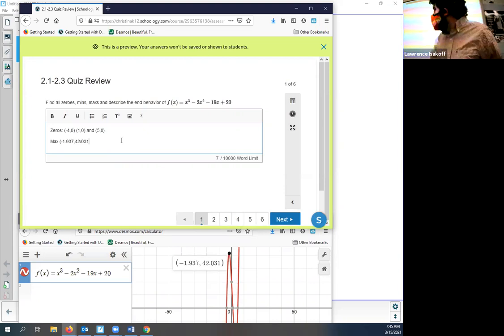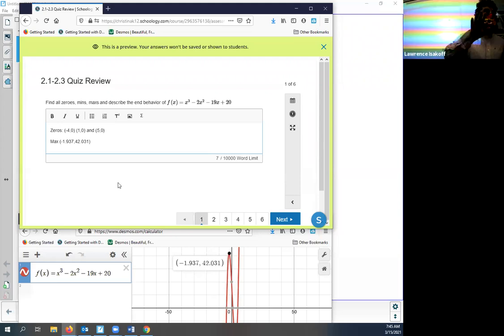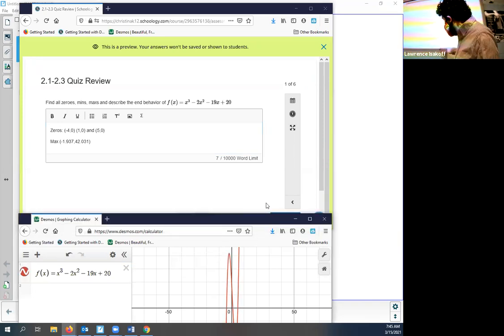Again, I have no worries about whether you can find a max by hand. Honestly, to try and find this max or the min by hand requires skills that you're going to learn next year. So just as long as you can figure out how to find them in the calculator, we're all good for our max and mins.